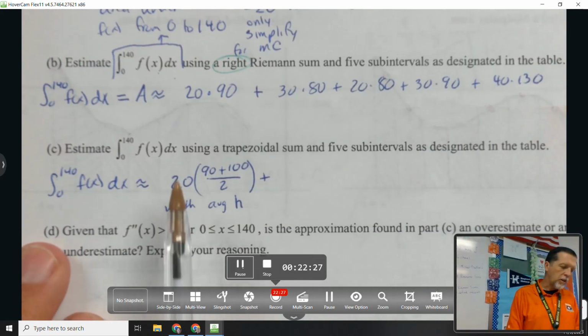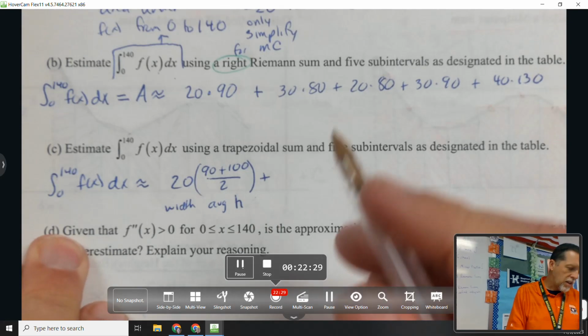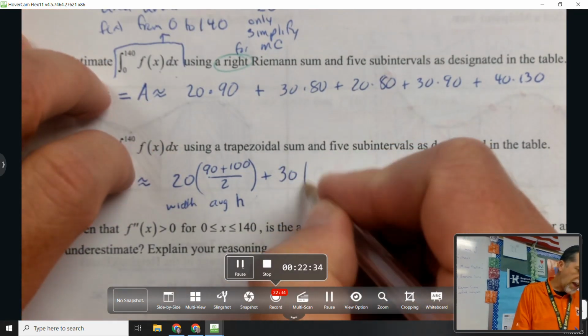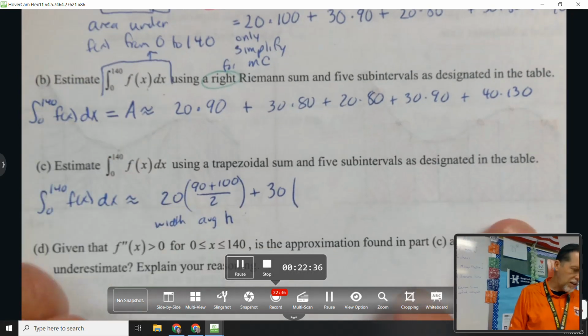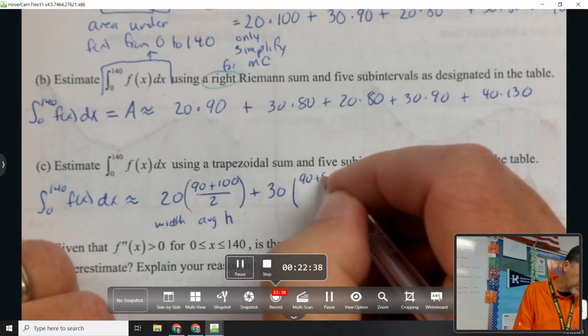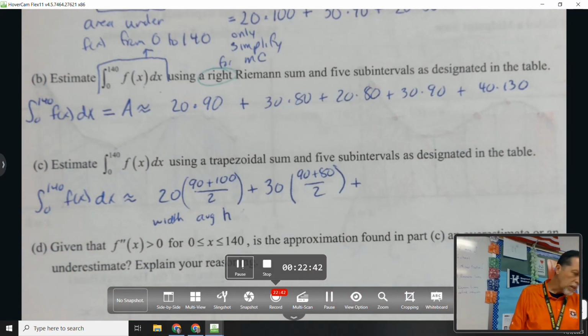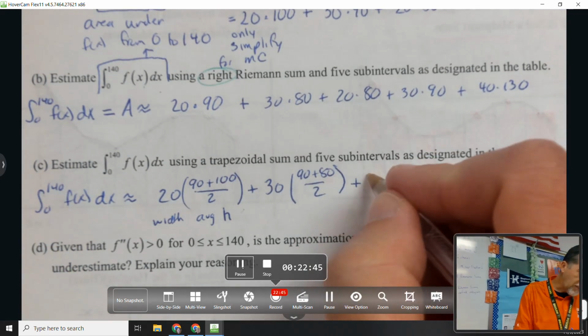For a trapezoid, it's width times average height. So from 20 to 50, my width is 30, and the average height is 90 and 80, so 90 plus 80 over 2. And then from 50 to 70, that width is 20.